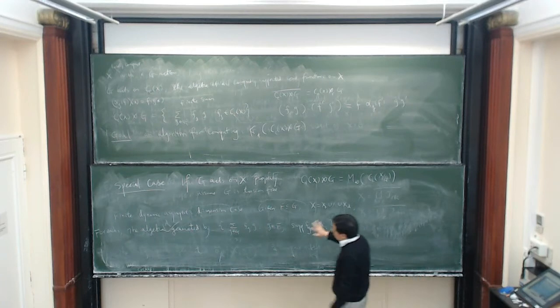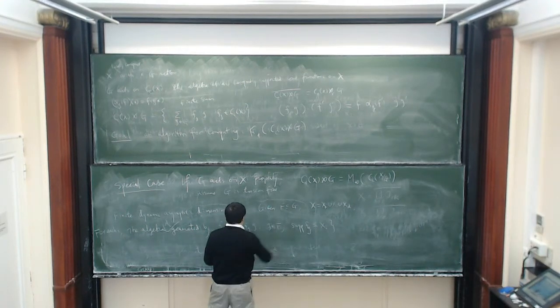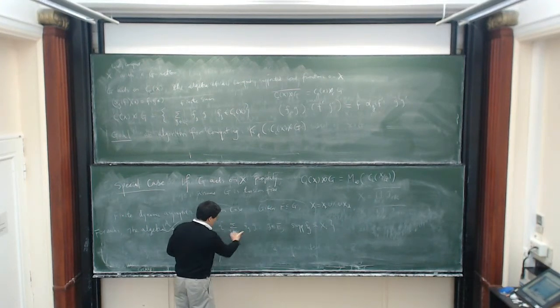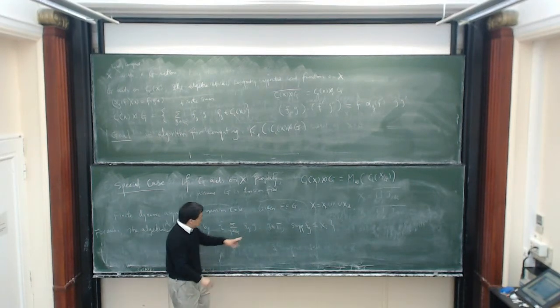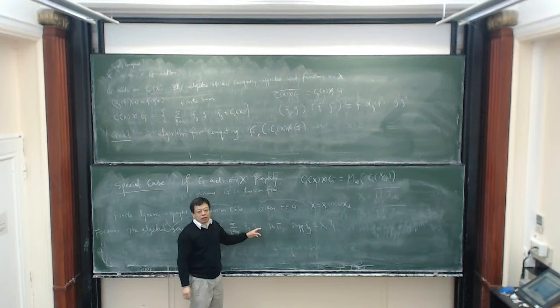As a result, when you let elements multiply and multiply to generate this algebra, your group element cannot go very far. It is always contained in some fixed finite subset, which may be slightly larger than F, but not very big.